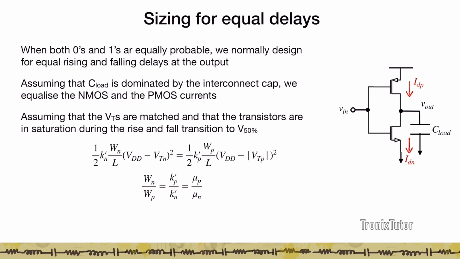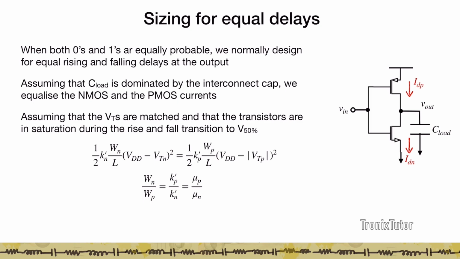So typically in silicon, the channel hole mobility and the channel electron mobility are roughly related in the ratio of 1:2. That is, the electrons are twice as fast as the holes, which means that when we design inverters, we design them in such a way that the PMOS size is roughly 2 times the NMOS size.